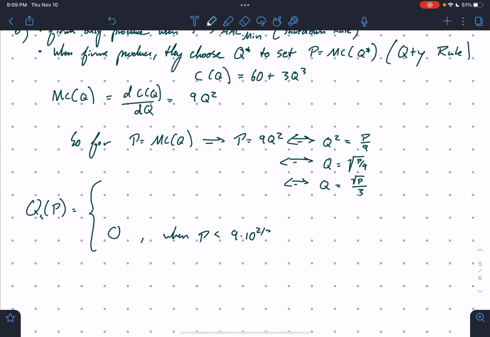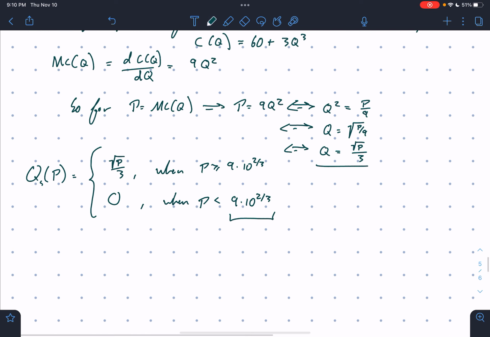And they're going to produce Q is equal to root P over 3 when the price is greater than 9 times 10 to the 2/3.